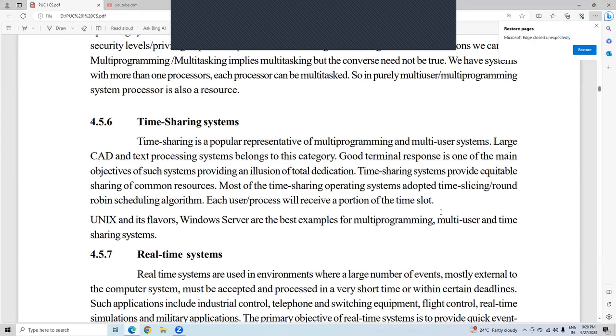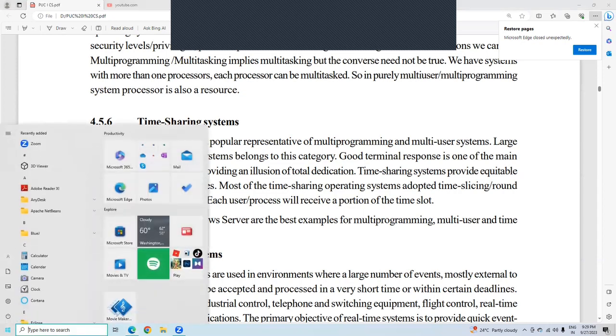In time sharing, time slicing or the round robin scheduling algorithm is adopted. The best examples are Unix and Windows servers. These are examples of multi-programming, multi-user and time sharing systems.